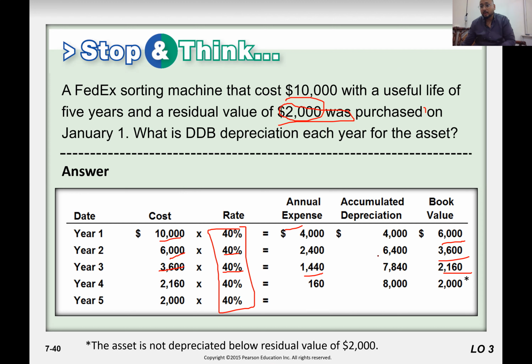And remember, the annual expense is the difference of book value here. So we have 160. So it means we have no further depreciation in year 5. So our book value will be 2,000. Right? So there is a small trick here in the double declining method. Okay? So I hope you understand.